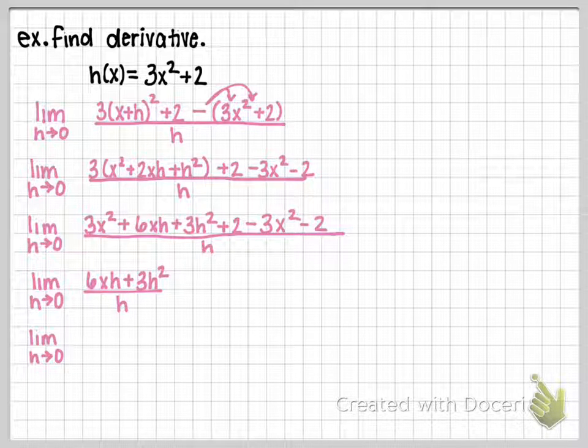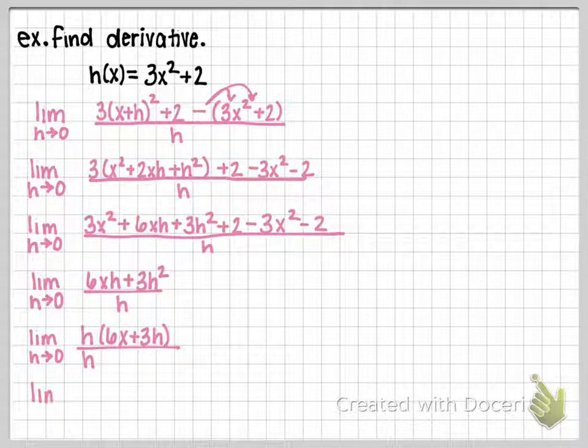So I can factor that out. And inside the parentheses, I'm left with 6x plus 3h over h. My h divides away. So now I'm looking for the limit as h approaches 0 of 6x plus 3h.